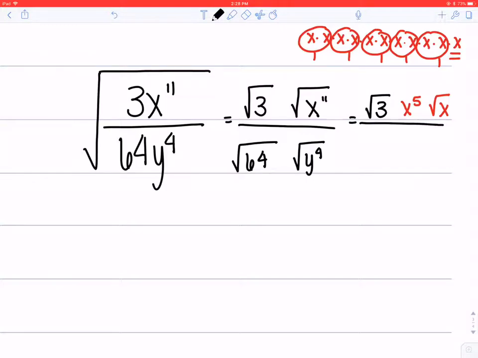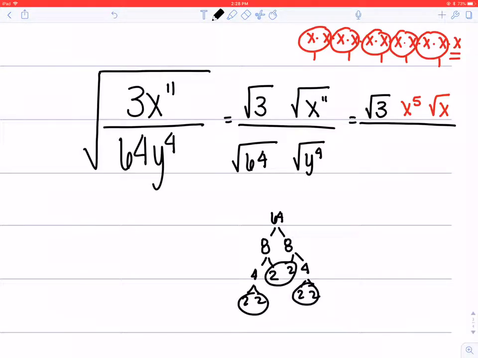Now on the bottom, the square root of 64, if I did that factor tree, everything would pair up. So 64 is going to give me 8 and 8, 4 and 2, 2 and 2, 4 and 2, 2 and 2. So I'm looking for pairs, which means I'm going to have 3 2's come out. That'd be 2 times 2 times 2, which is where that 8 comes from. And again, because everything got paired up, the square root goes away completely.